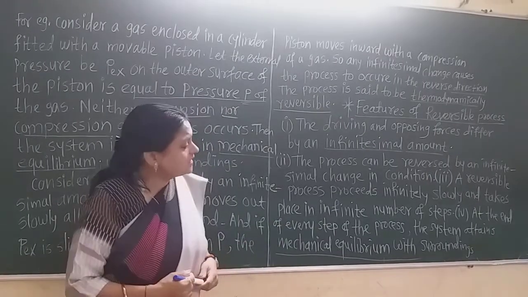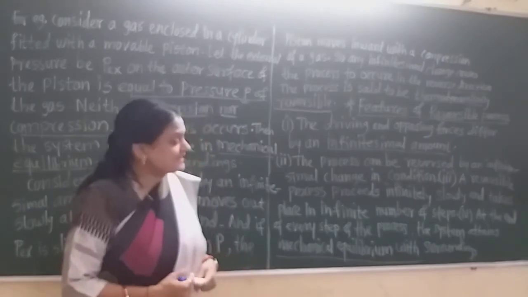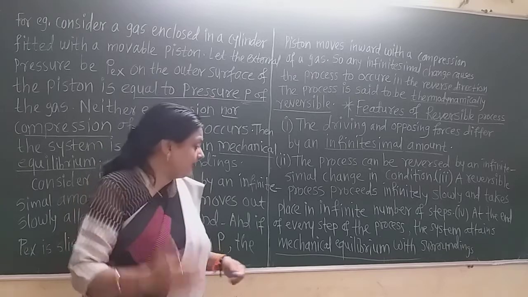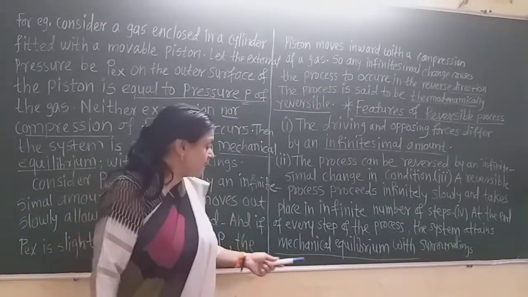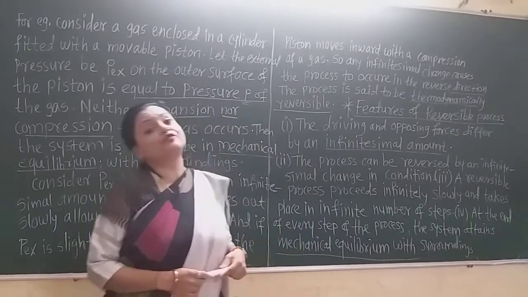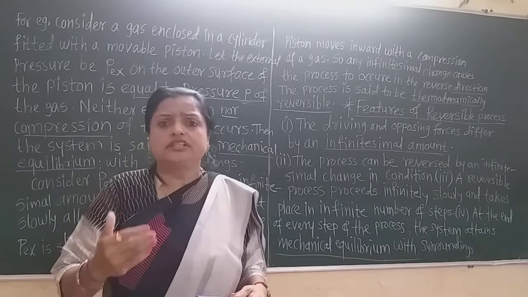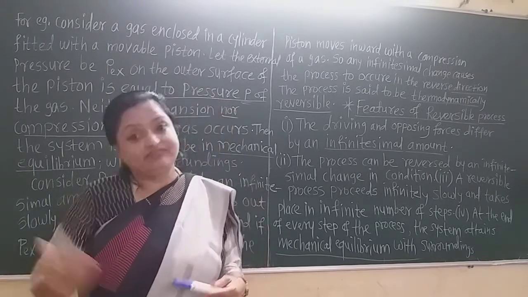Now, the fourth one is that at the end of every step of the process, the system attains mechanical equilibrium with the surroundings. Remember, students, at every step this reversible process attains mechanical equilibrium.